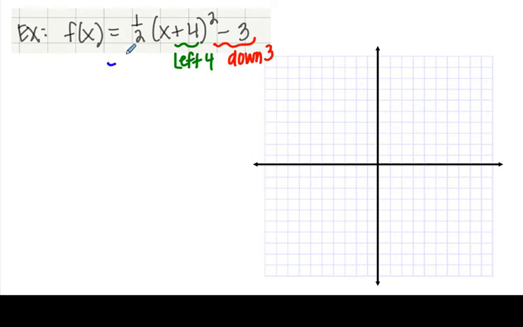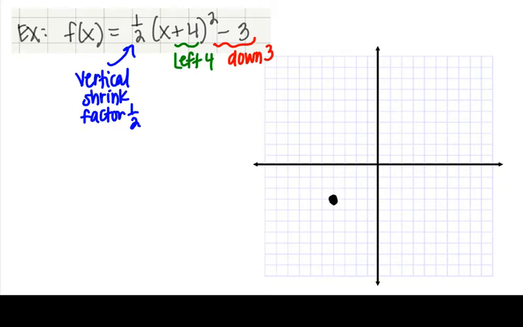And then we have a vertical shrink by a factor of 1/2. The parent function has a vertex at 0, 0. That vertex is going to move left 4, 1, 2, 3, 4, and down 1, 2, 3.